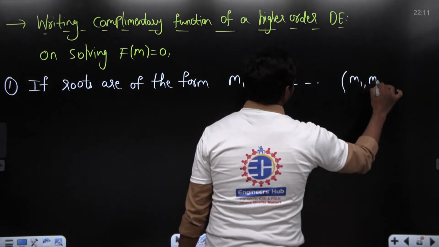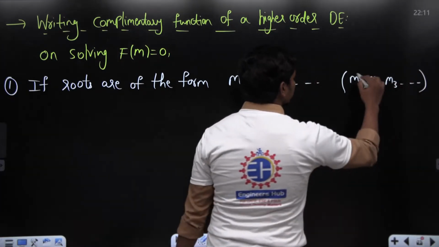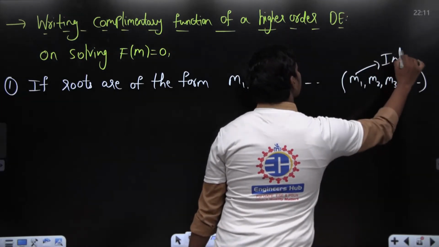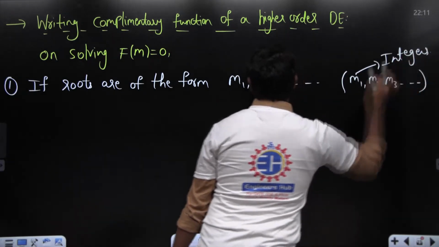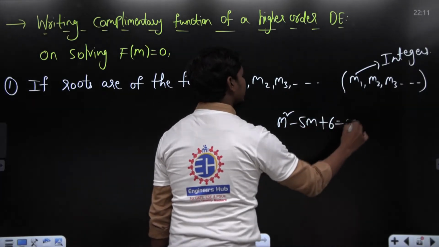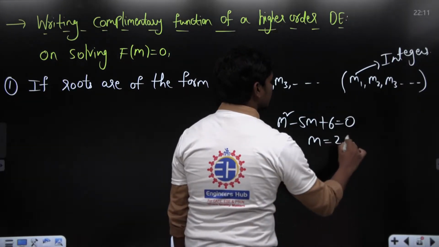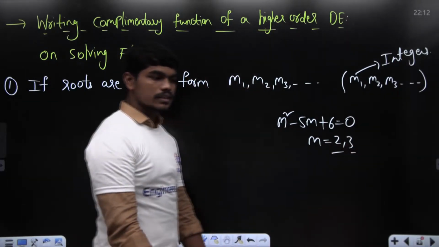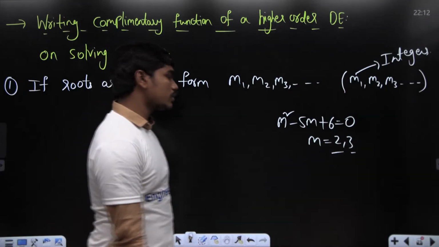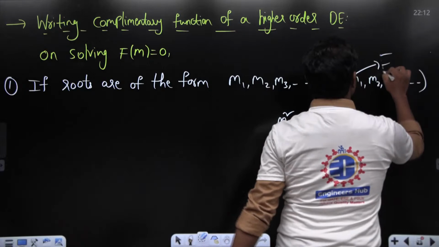Of course, if these are integers, to be more precise, for example if you solve the equation m square minus 5m plus 6 in a differential equation, you will get values like 2 comma 3, so these are integers, correct? Or similarly there can be some fractions also. So let us make this real numbers, to be more precise.